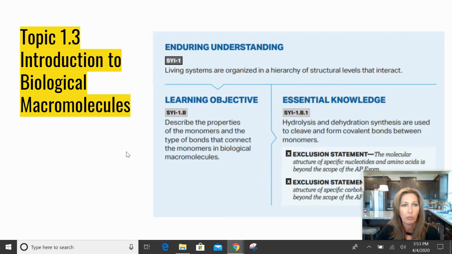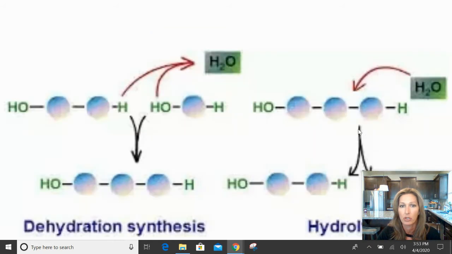Now, topics 1.3, 1.4, and 1.5 are all about your macromolecules. In 1.3, this introduction is making sure that you understand monomers and polymers, and really it's this bonding that is true for all four of our macromolecules, your hydrolysis and your dehydration synthesis reactions.